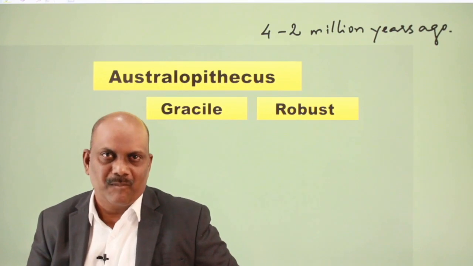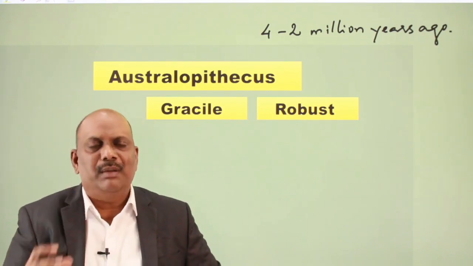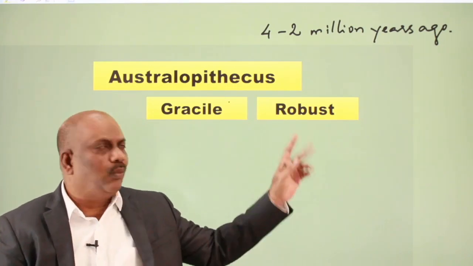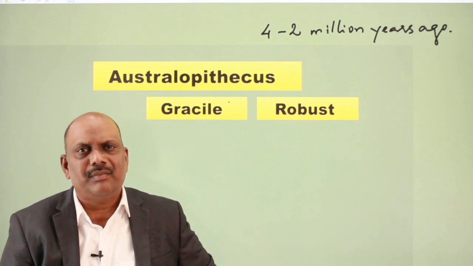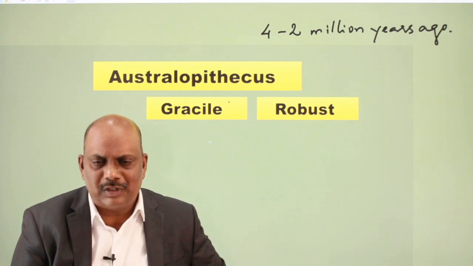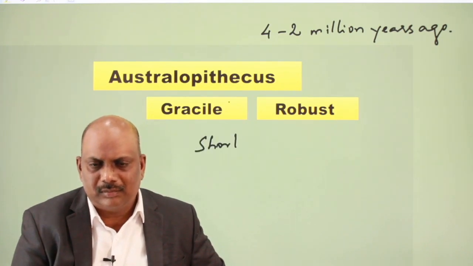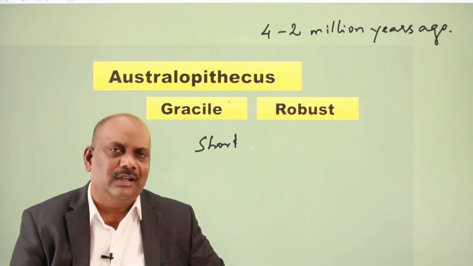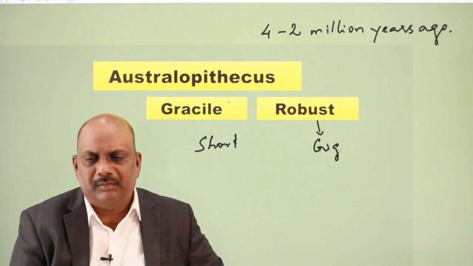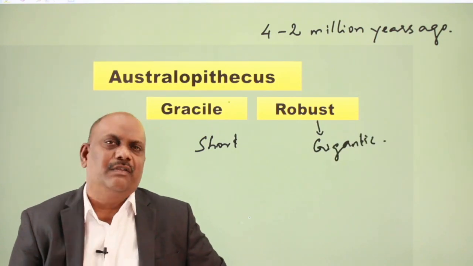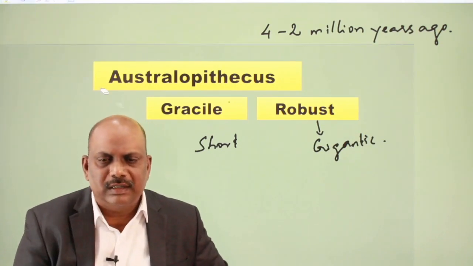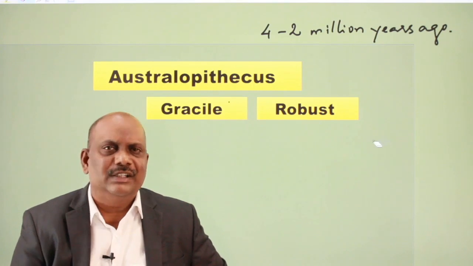So there are two types of Australopithecus. One is gracile and the other one is robust. Gracile is a short and slender form of Australopithecus, while robust is a gigantic form.